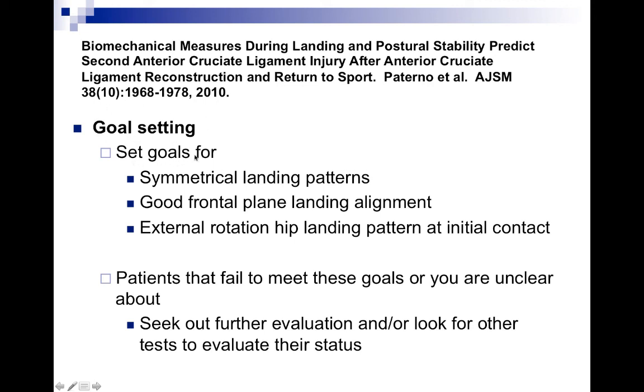It emphasizes that neuromuscular factors can be really powerful prognostic factors and we should use them as goals for therapy for things like symmetrical landing patterns, frontal plane control, preventing that two-dimensional knee abduction angle, and we should focus on rotation control at the hip at discharge for return to play in our patients.